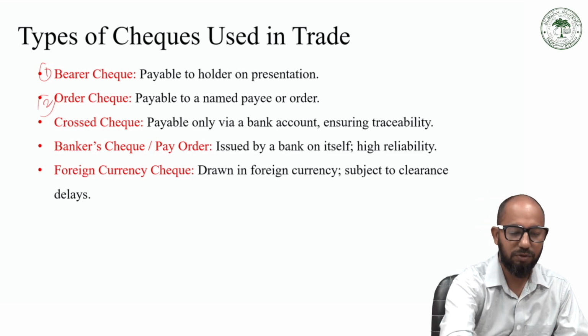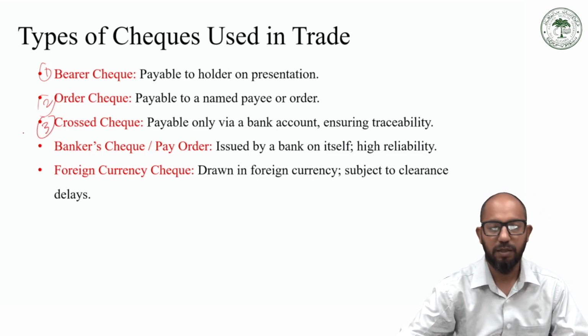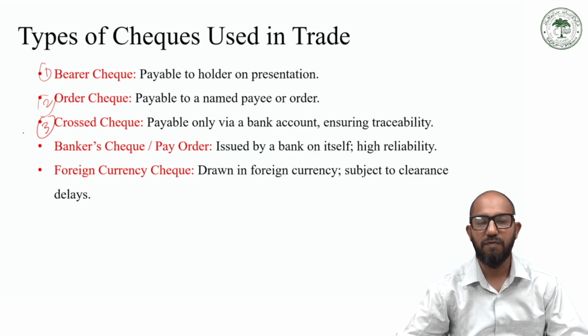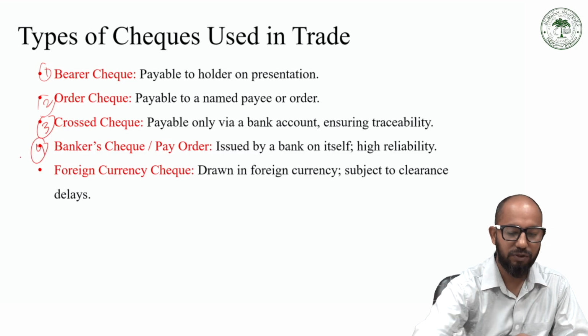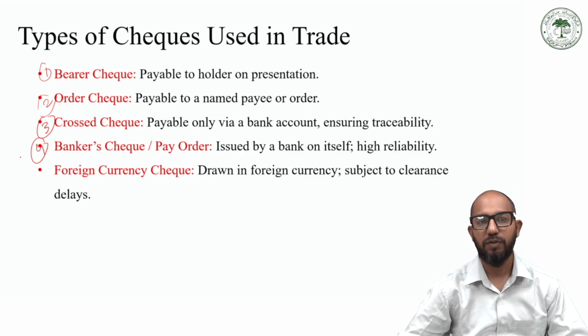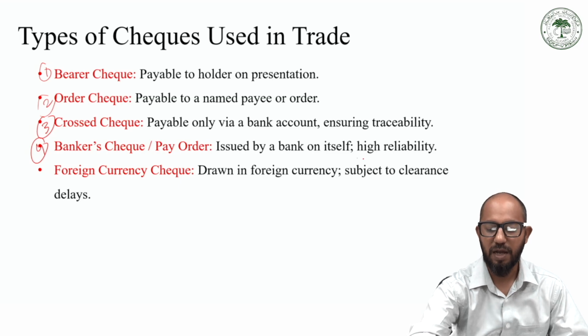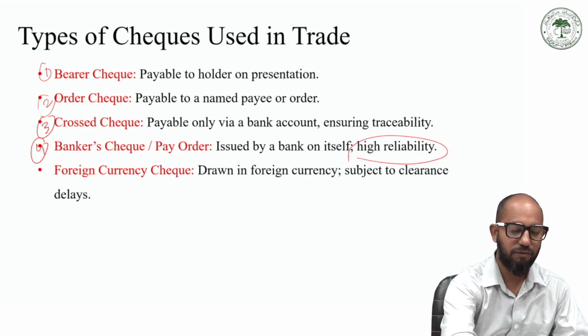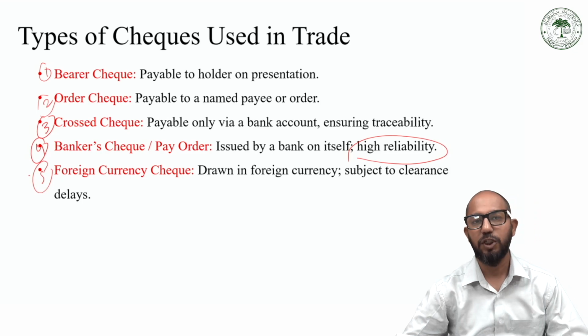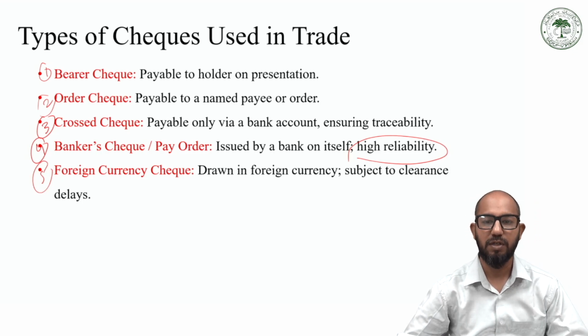The third type of check is the cross check, which is payable only via a bank account, ensuring traceability. The fourth is the banker's check or pay order, which is issued by a bank on itself and it has high reliability. The fifth type of check is the foreign currency check, which is drawn in foreign currency and is subject to clearance delays.